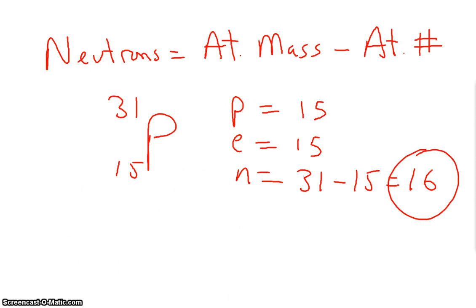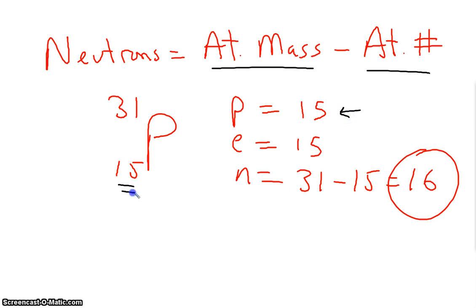Okay, so the number of neutrons is going to be found by taking the atomic mass and subtracting the atomic number. So you've got to be able to look at a periodic table, look at some data that's given to you, and be able to figure that out. So here's a case of phosphorus. In this case, it's phosphorus 31. So the number of protons is going to be 15.